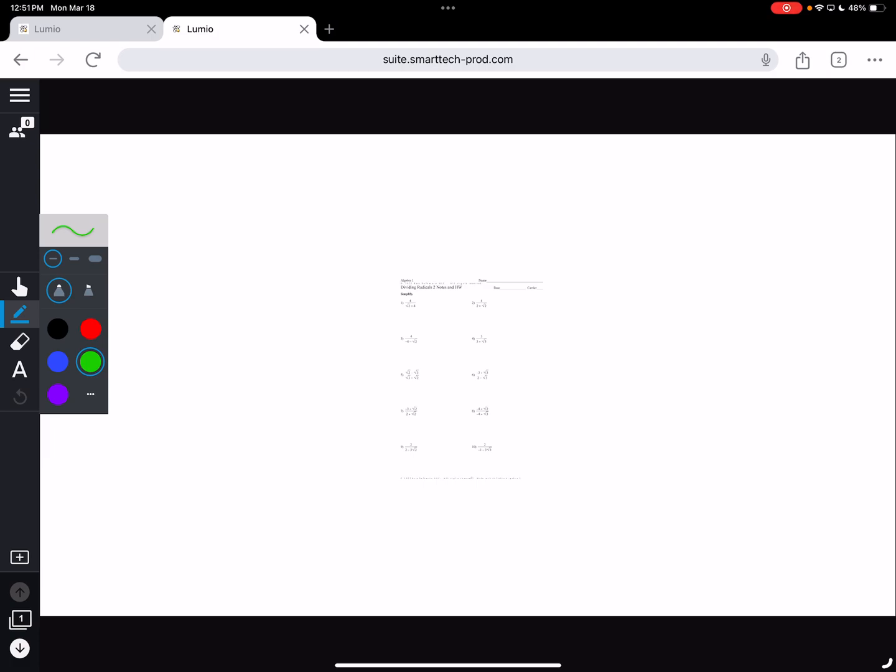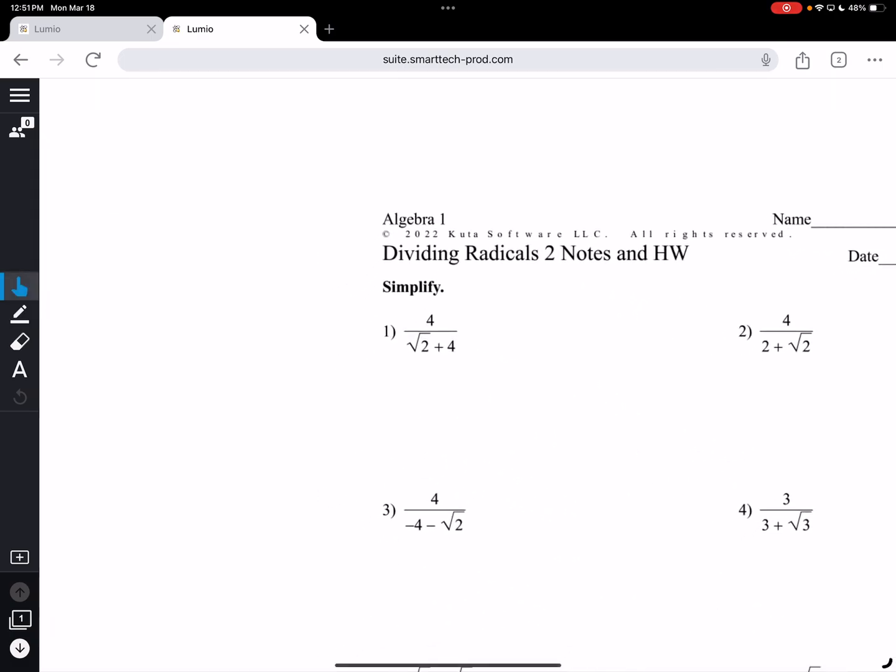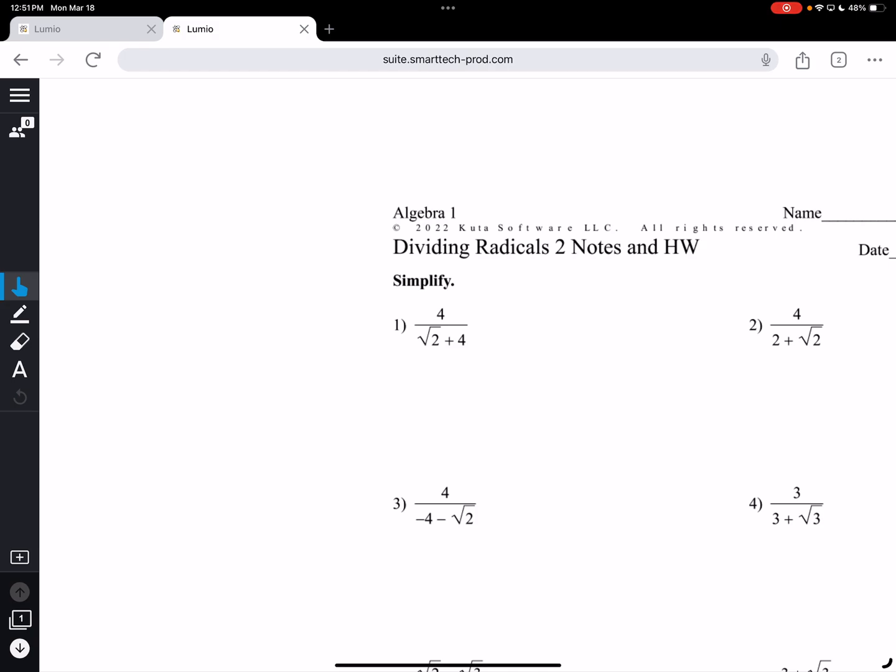Do you remember when we were multiplying and dealing with the difference of perfect squares, like x plus 2, x minus 2? That is kind of the same premise. We're trying to achieve perfect squares in the denominator.